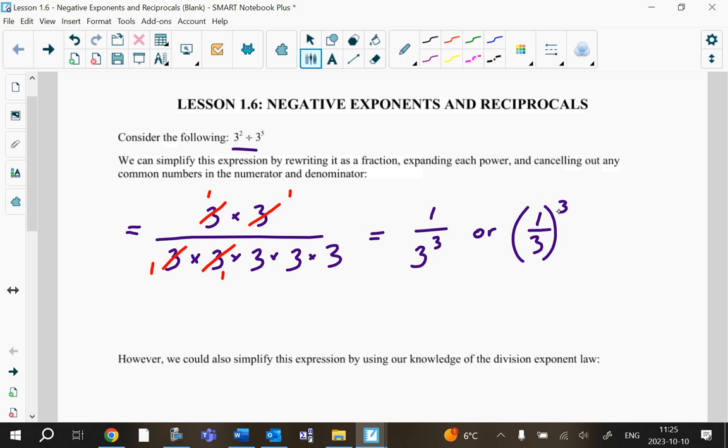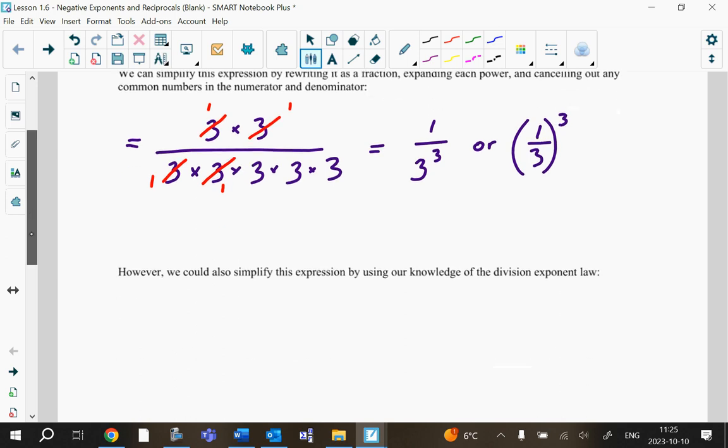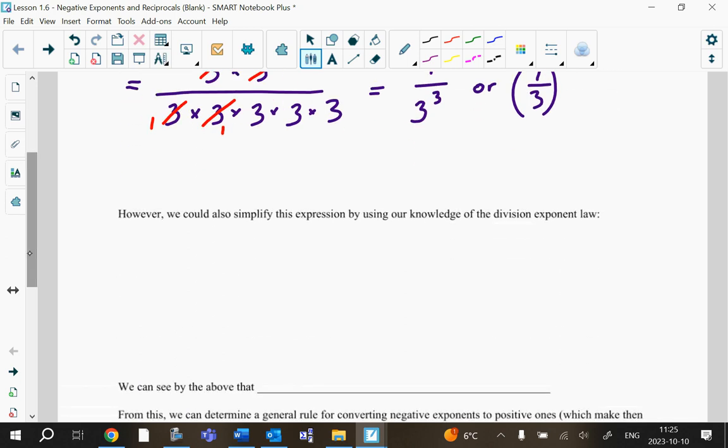Another way you could divide it is using your knowledge of exponent laws. When I divide 2 powers with the same base, what happens to the base in the answer? When I divide 2 powers, it stays the same. What do I do with the exponents? Subtract them. So here I'm going to go 2 minus 5.